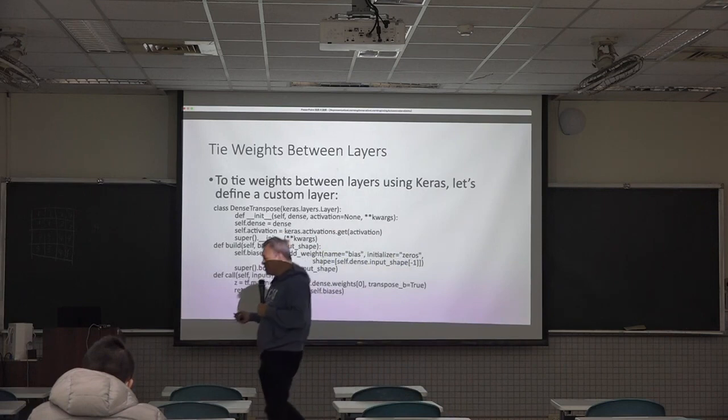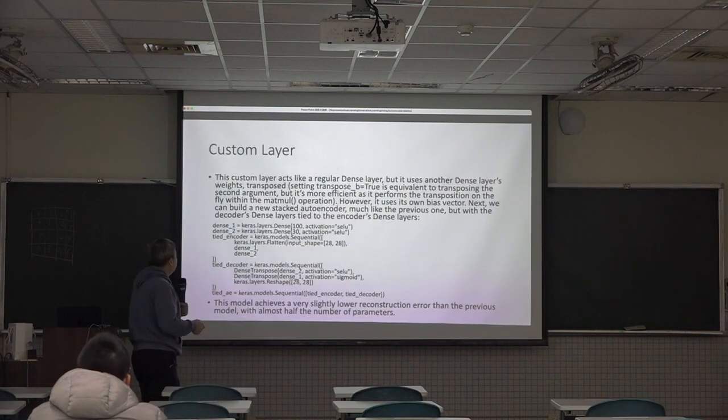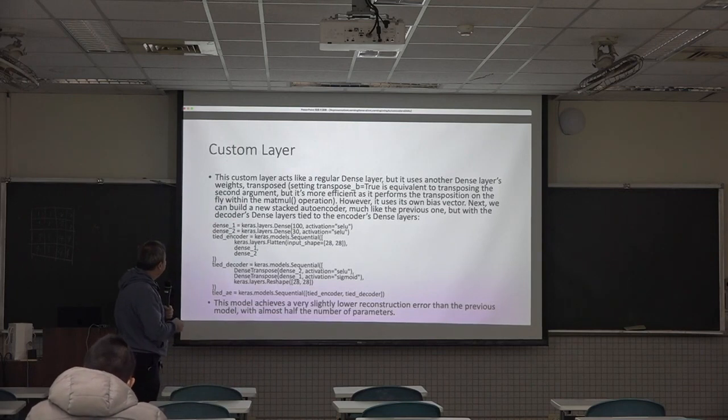So how do we make use of this custom layer? It's like this. The dense 1 is like this, dense 2 is like this: we have 100, we have 30. Then the tied encoder: the input layer is 28 by 28, and we have dense 1, dense 2.